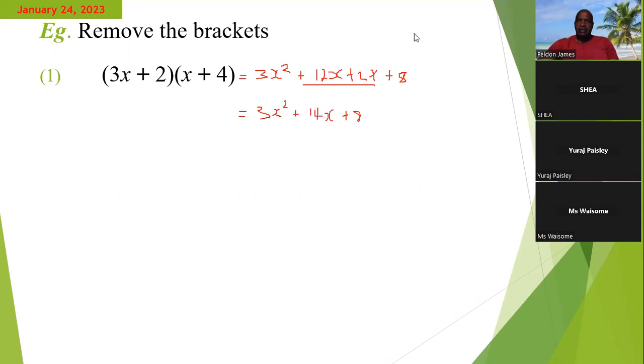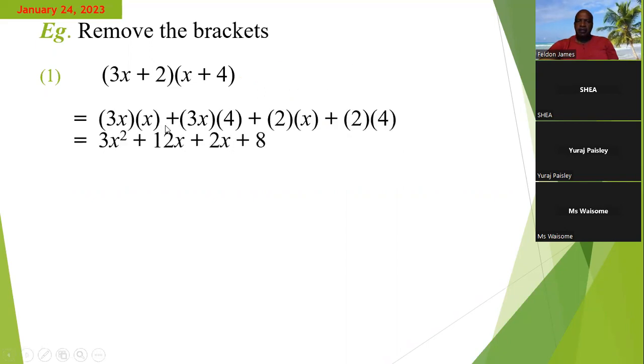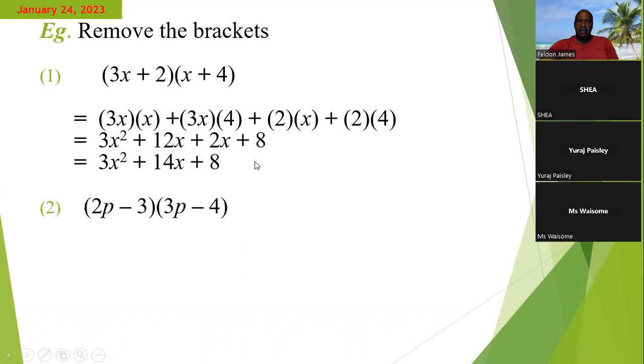All right, guys, let us look at another example of this. So here, when we multiply these out, we will get 3x squared plus 14x plus 8. All right, here's another one.